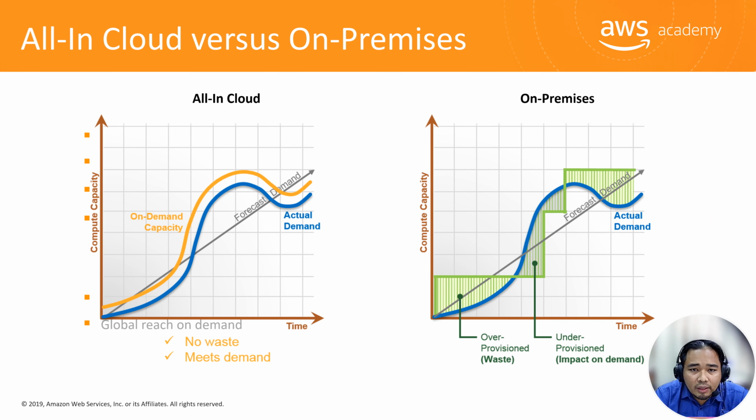Let's take a closer look at capacity in the all-in cloud and on-premises solutions. In the all-in solution, the capacity is in sync with demand. Resources are provisioned and decommissioned in response to demand with only a couple of clicks. For on-premises deployment, because you rely on physical hardware, you have to forecast your capacity needs well in advance of the actual demand.